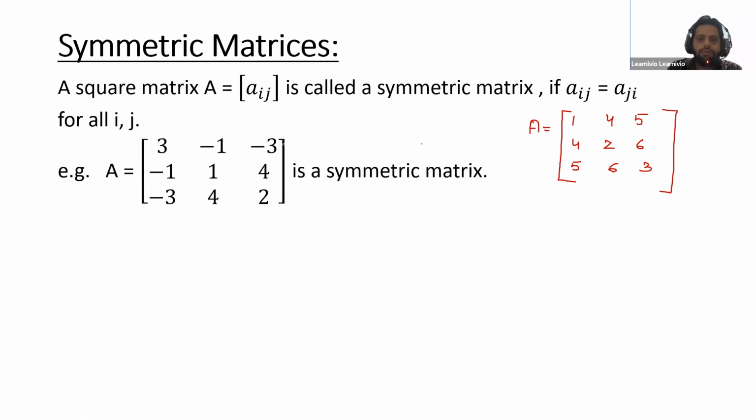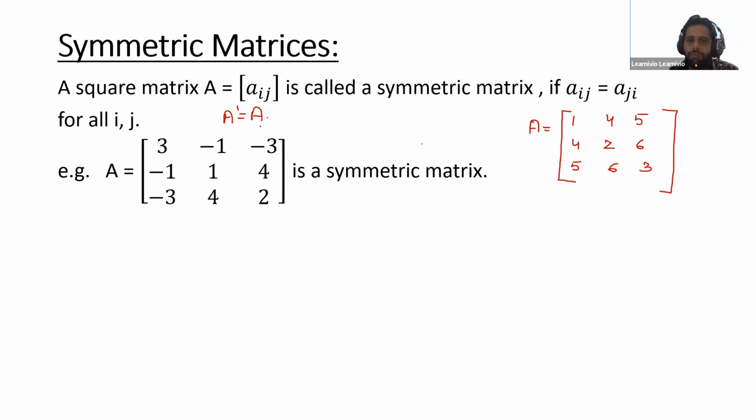So what is this symmetric matrix? This is called symmetric if Aij is equal to Aji for all i, j. And also that A transpose is equal to A.